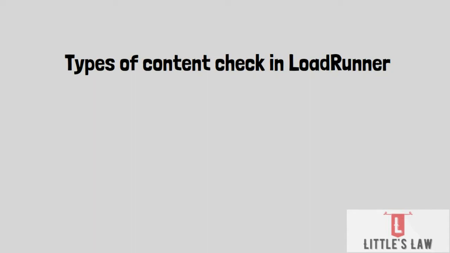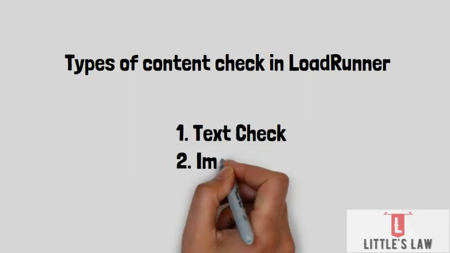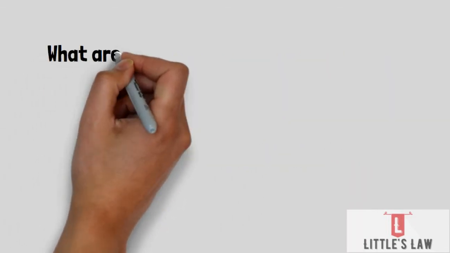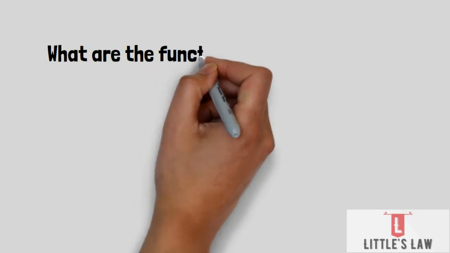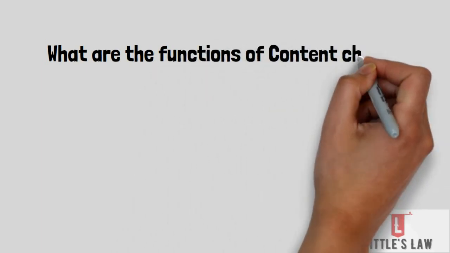So let's now see what types of content check are available in LoadRunner. We have two types of content checks: one is the text check and the next one is the image check. What are the functions of content check we have? Basically, LoadRunner handles everything via functions.